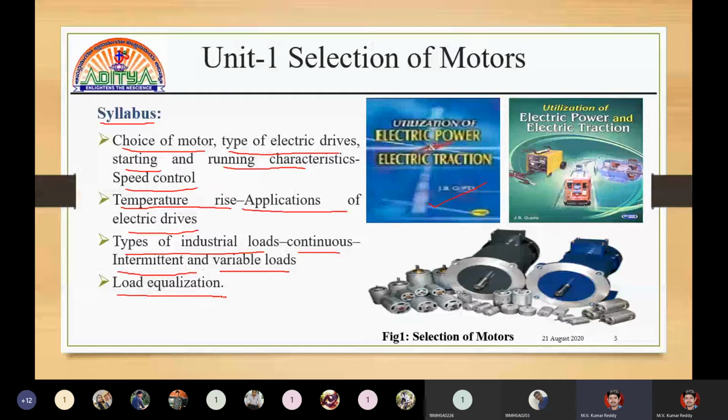The first unit has a very large syllabus, but we have to study only the topics given in the syllabus.